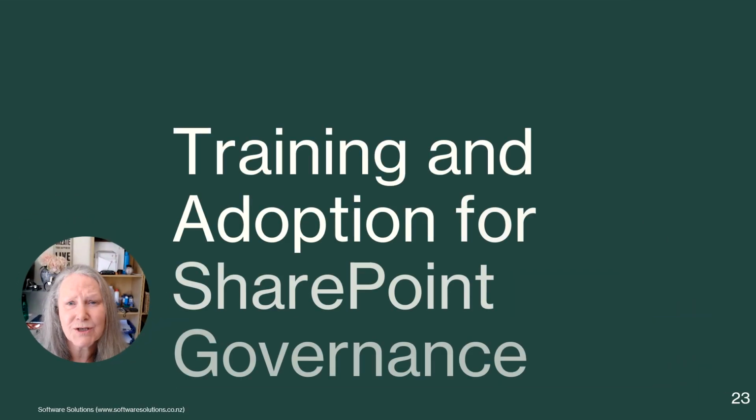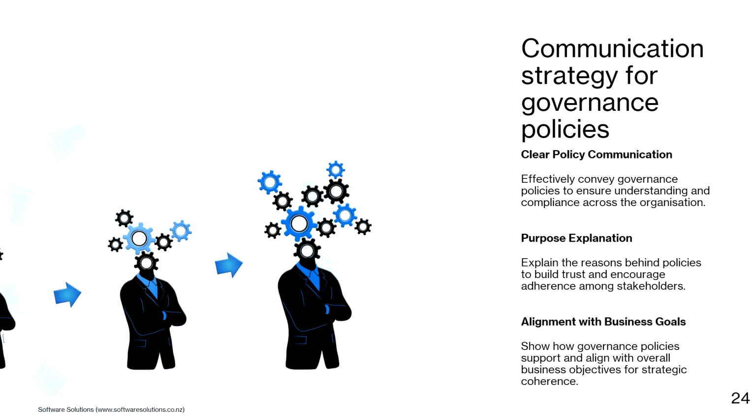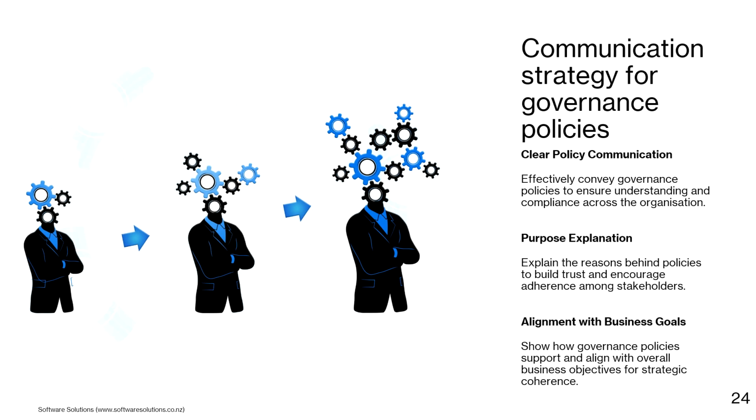Communication strategy for governance policies, user training for different groups, and continuous evolution of governance processes. Communication strategy: clearly communicating policies, their purpose, the why, and how they align with business goals.